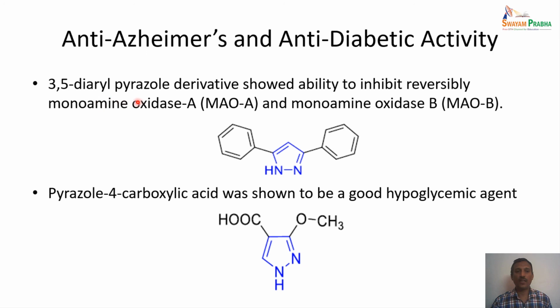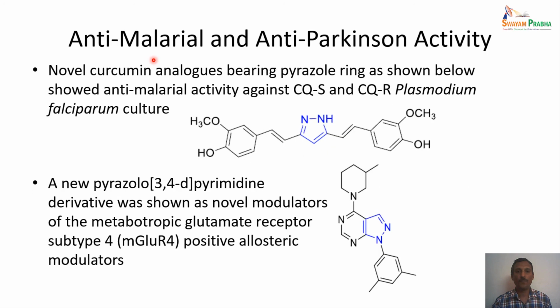Then this 3,5-diaryl pyrazole derivative showed the ability to inhibit monoamine oxidase A and monoamine oxidase B. So this is active against these two enzymes, and this compound is highly active as a hypoglycemic agent. So these are some of the pyrazole derivatives which act as anti-Alzheimer's or anti-diabetic agents.